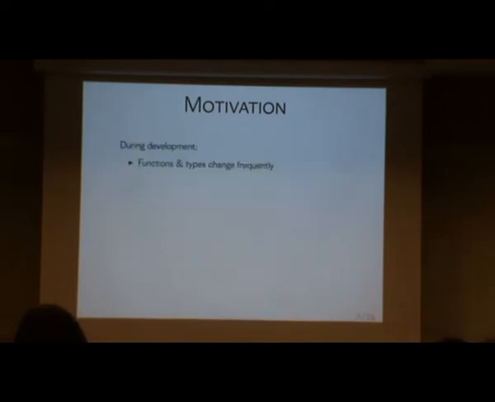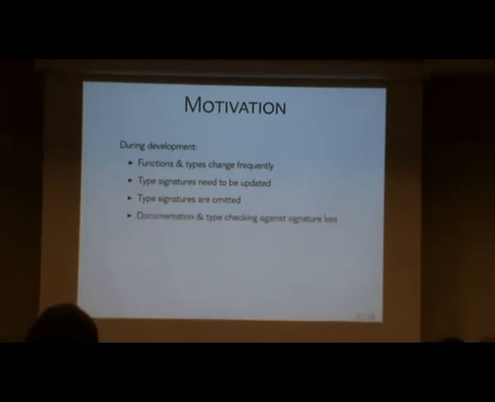A use case we propose is during development. You're constantly changing your function, but of course there are type signatures as well, so what you have to do is update these type signatures. As we all know, we programmers are kind of lazy, so we just scratch the type signatures away and proceed without them, or at least some people do.